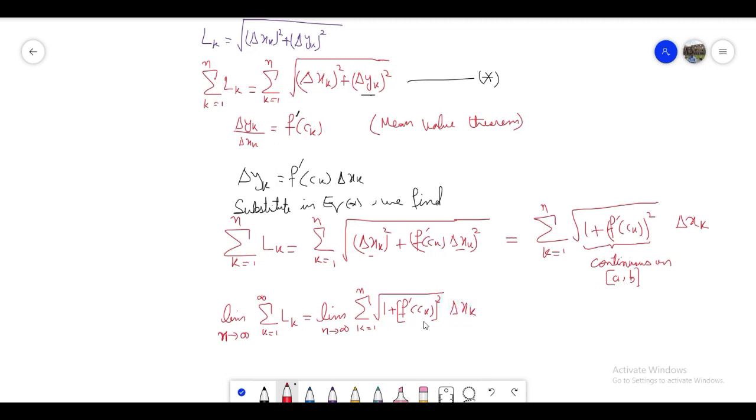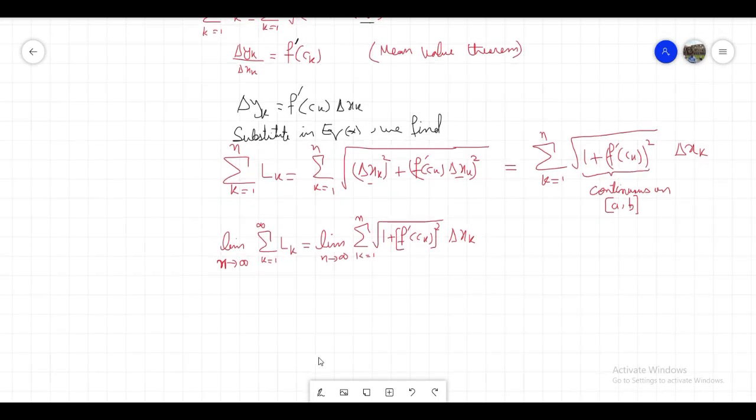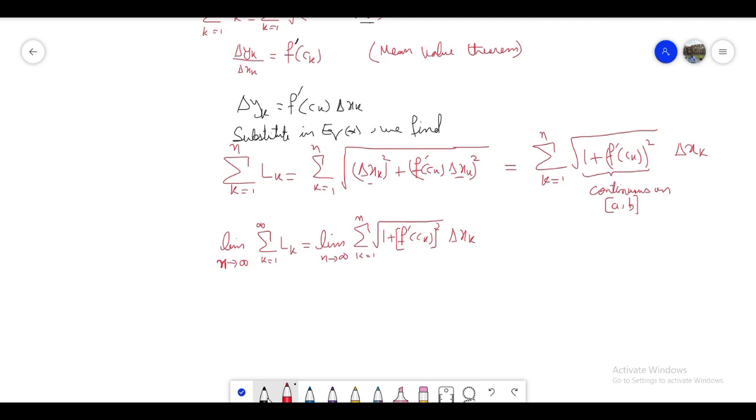So basically this is the definition which is represented by the Riemann sum. Now we know that the Riemann sum and the definite integral are equivalent.